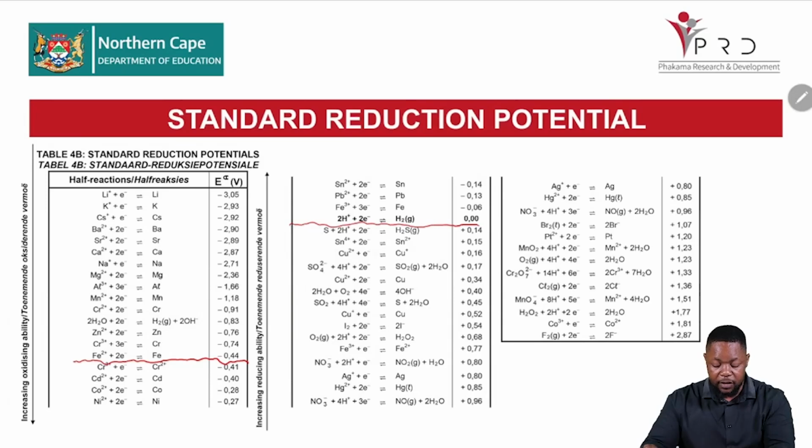So we will see that the iron has a greater reducing ability than the hydrogen, according to the standard reduction potential table. Therefore, we expect the iron to undergo oxidation and the hydrogen to undergo reduction.